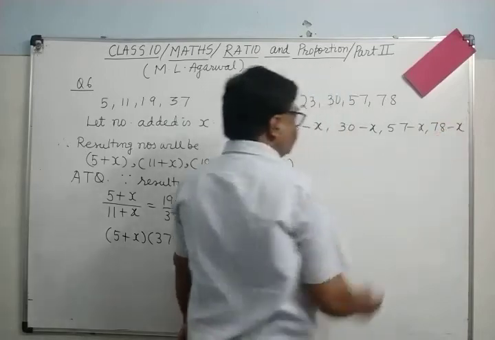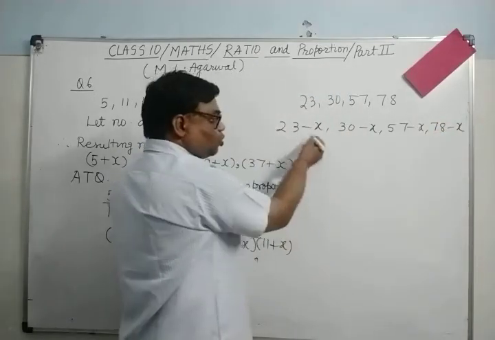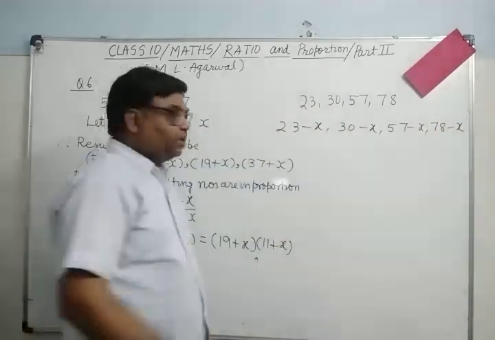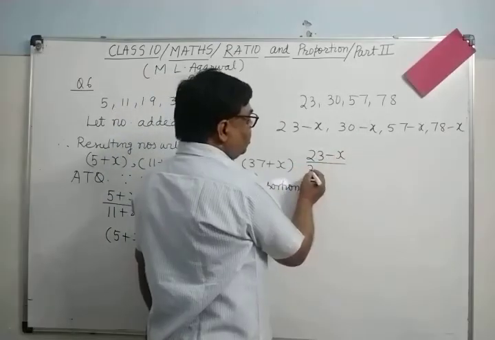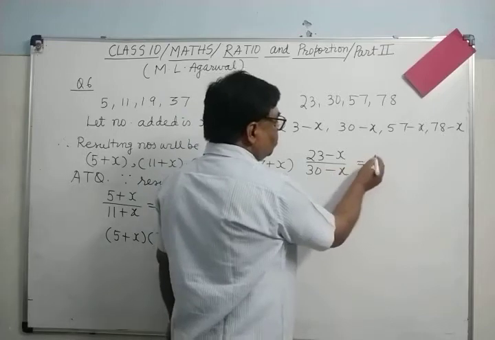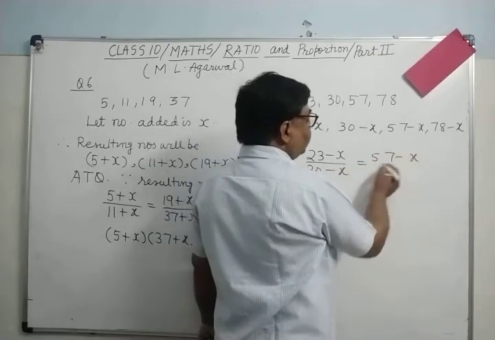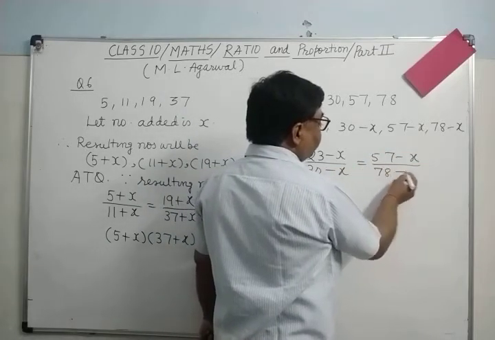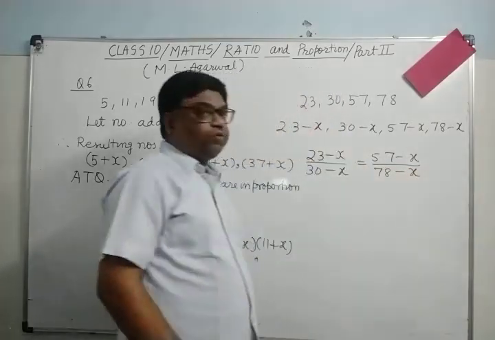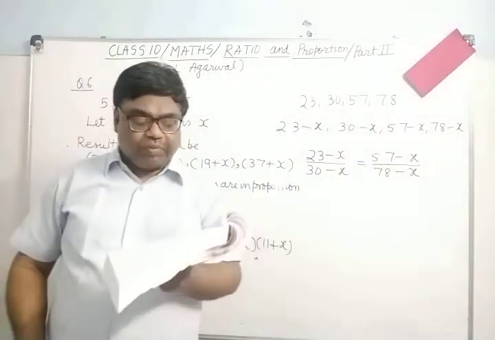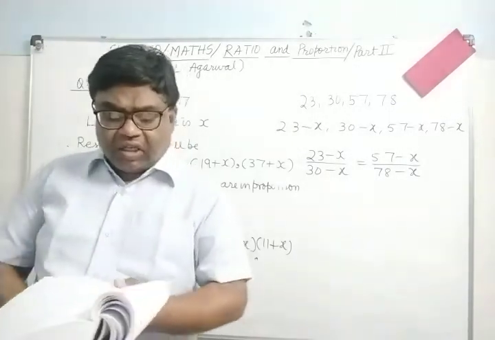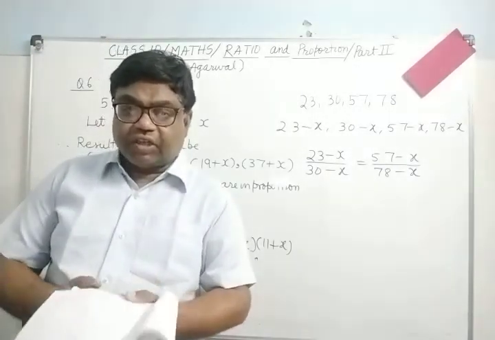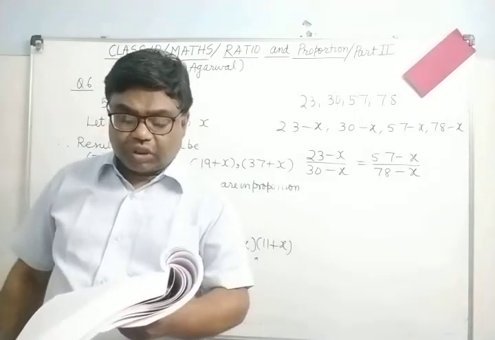According to the question, since they are in proportion, (23 minus x) upon (30 minus x) equals (57 minus x) upon (78 minus x). Then cross multiply and find the value of x. This was question 7, asked in 2004.